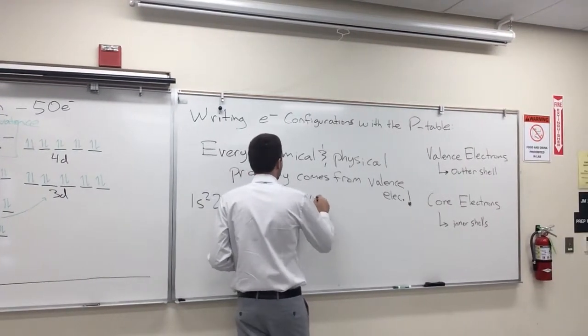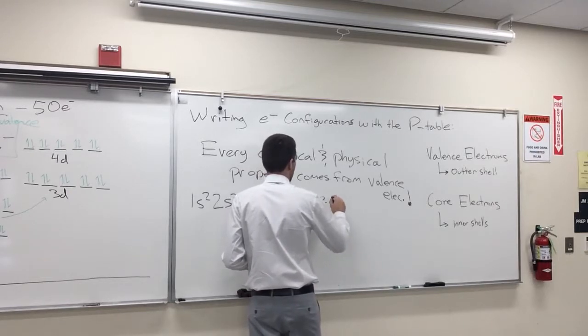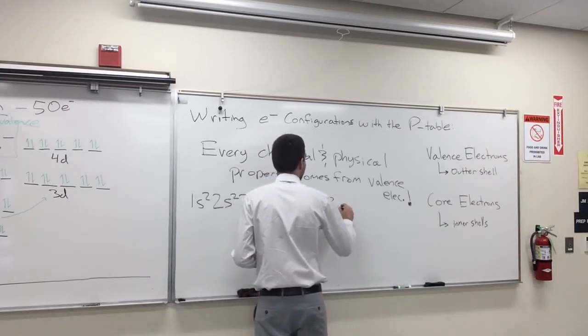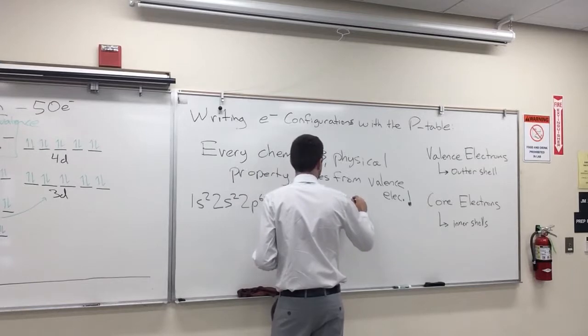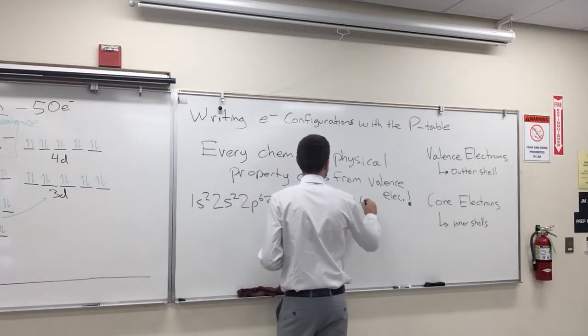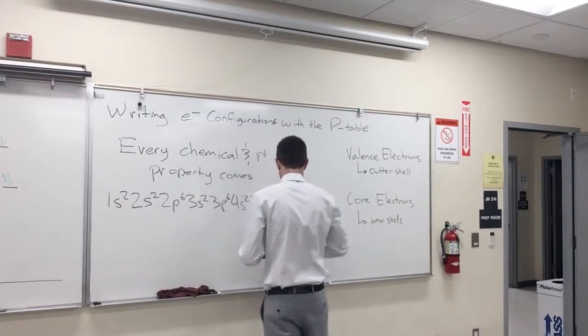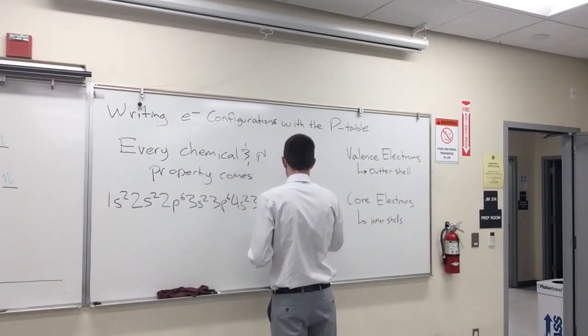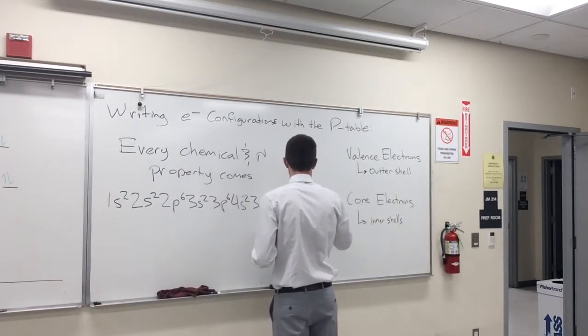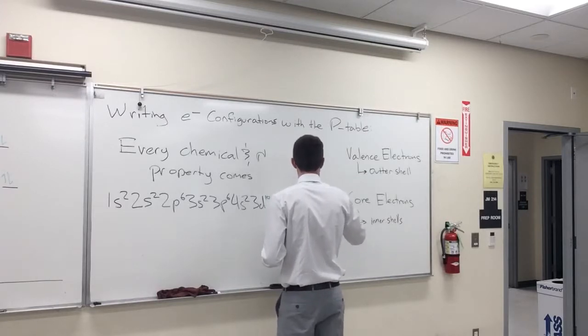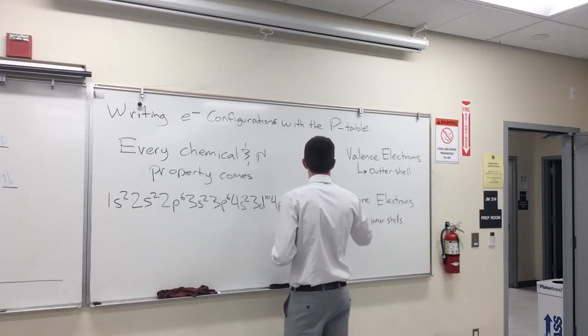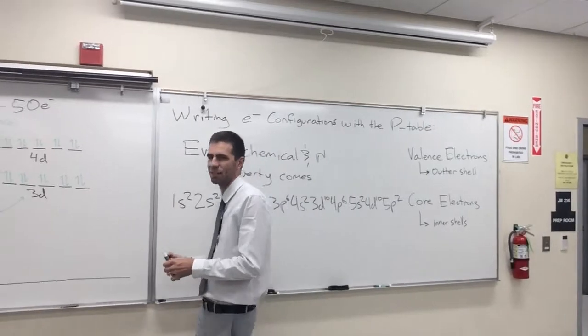Then what? 4s2, 3d10, 4p6, and then what? 5s2, 4d10, and then what? 5p what? 2. Very good. Awesome. That's fun.